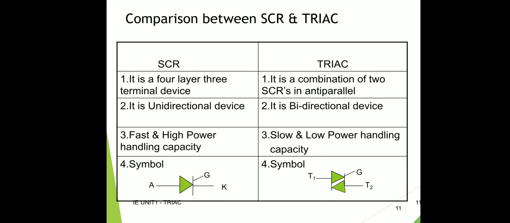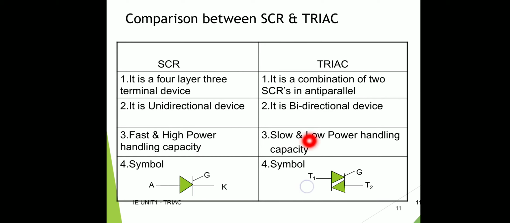The main difference here is SCR is unidirectional and triac is a bidirectional device. The SCR is faster and high power. The switching action is very fast, and one more feature of it is it can handle high powers.